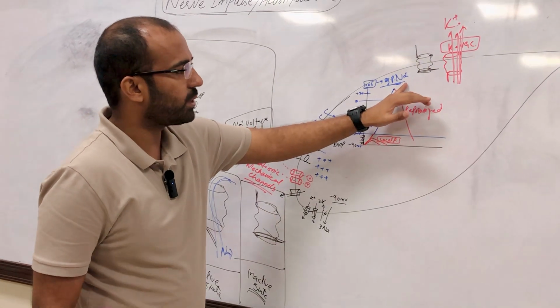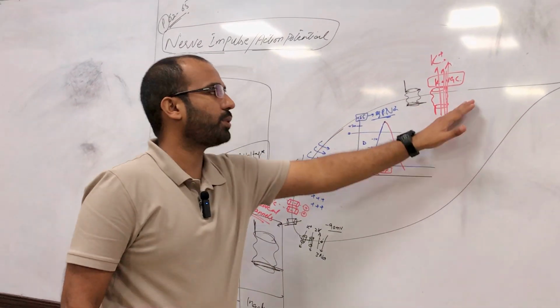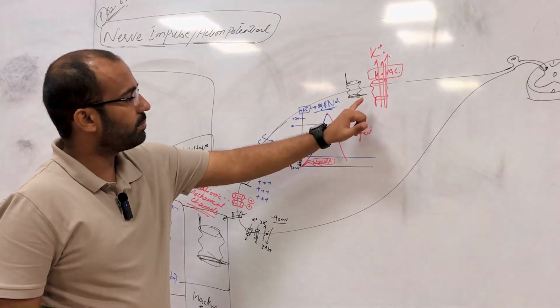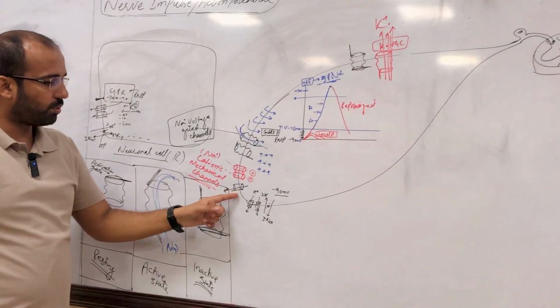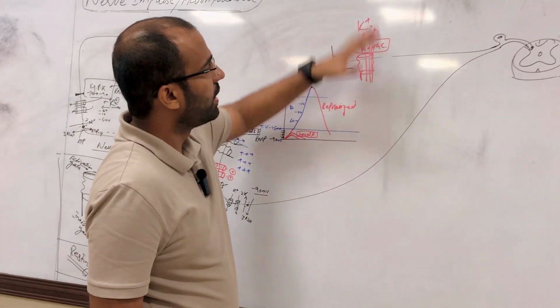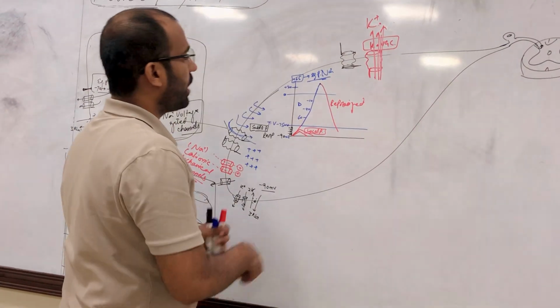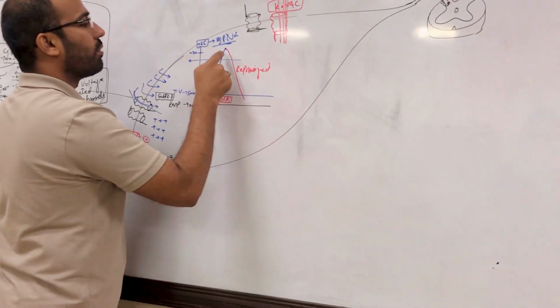Before reaching the equilibrium potential, the sodium channels will close. When the sodium channels close, potassium channels will open, and potassium will start moving out. Potassium also moves out through the leak channels, and the maximum amount of potassium will move out through the voltage gated channels. So again, it re-establishes the electronegativity of the cell, or the resting state.